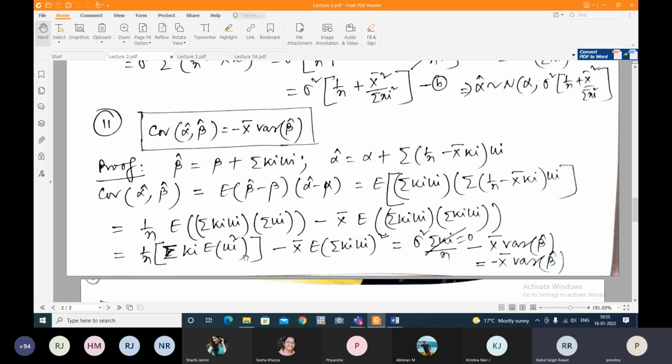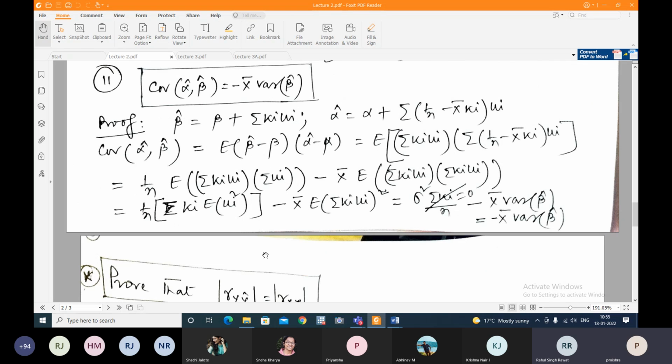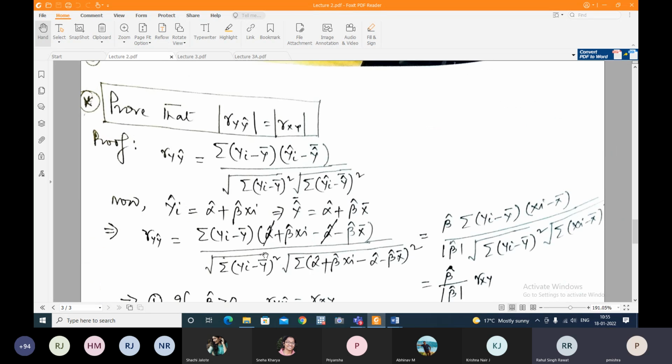Now, next derivation is very interesting. I think in the last lab class, we were talking about this. Can you tell me what component of the last lab class we are talking about here?